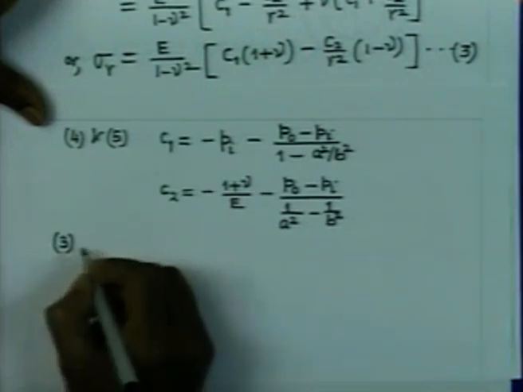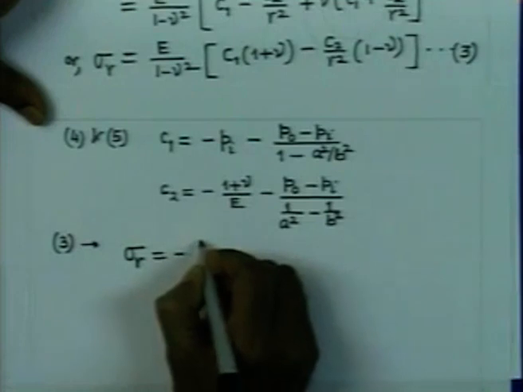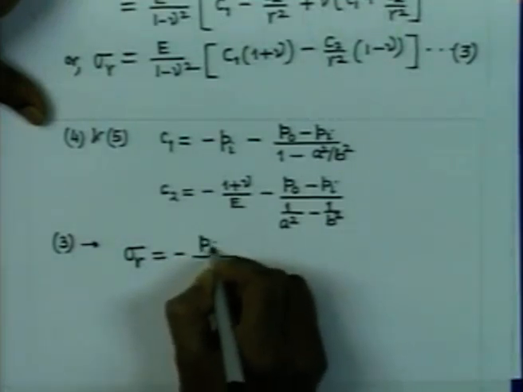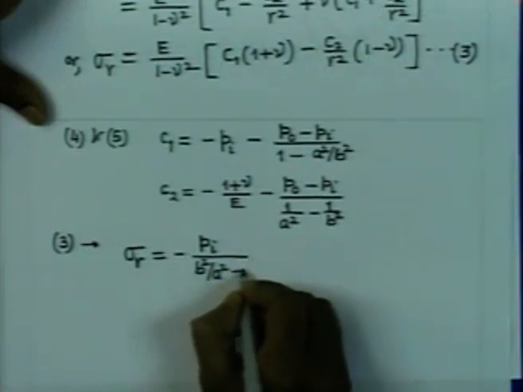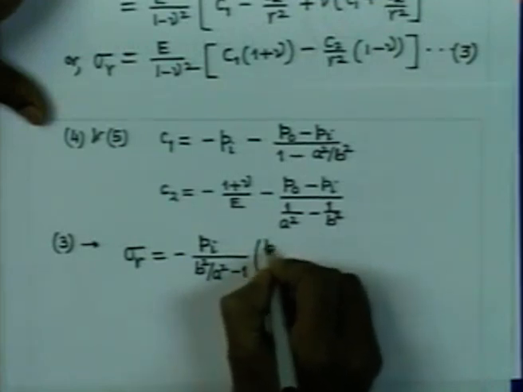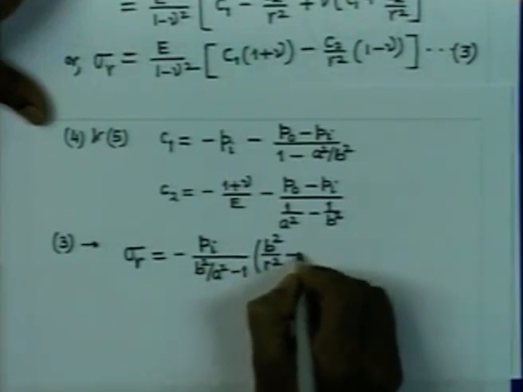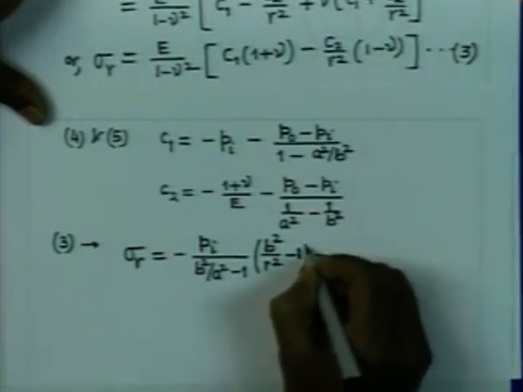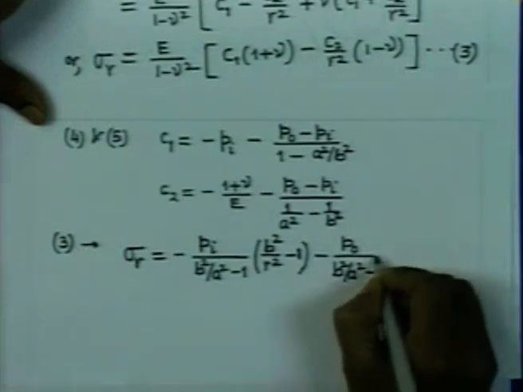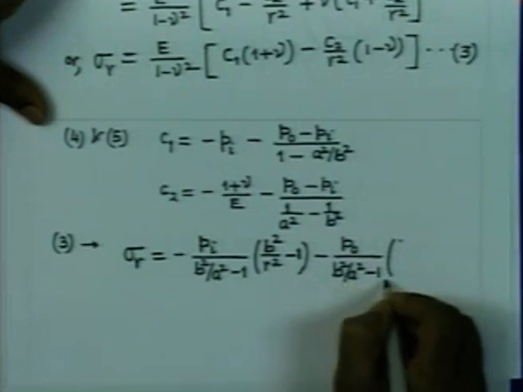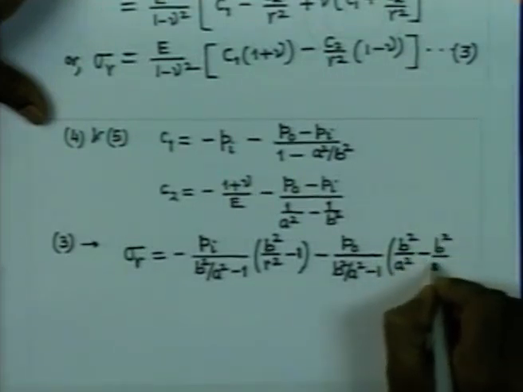If we substitute the values in this expression, from 3 we can now obtain sigma r as minus Pi divided by (B square by A square minus 1) times (B square by r square minus 1), minus Po divided by (B square by A square minus 1) multiplied by (1 minus A square by r square).